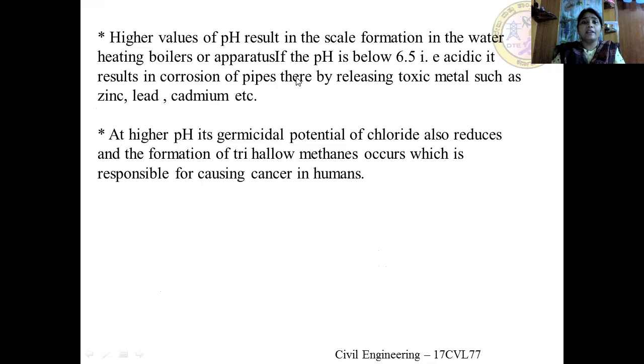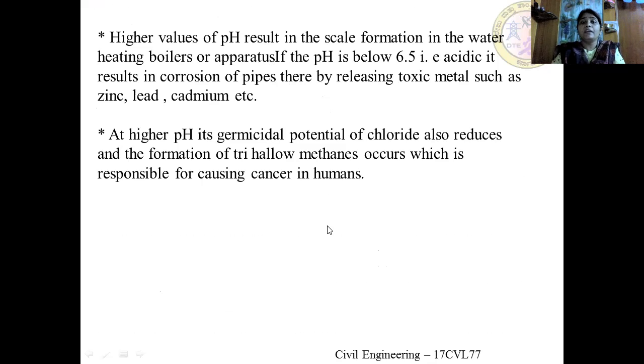Higher values of pH also result in scale formation in water heating boilers. If the pH is below 6.5, that is acidic, it results in corrosion of pipes. It releases toxic metals such as zinc, lead, and cadmium.